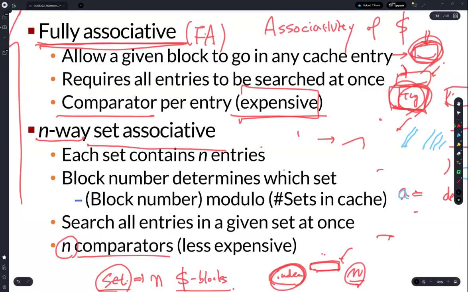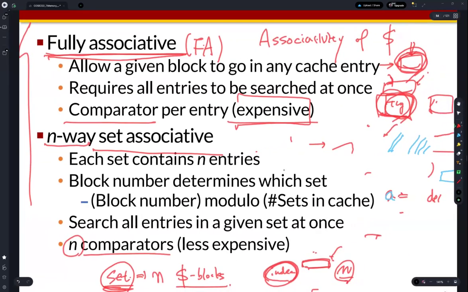Compared to this, the fully associative cache requires as many comparators as the number of cache blocks. But in an n-way set associative cache, we require only n comparators, so it's less expensive than the fully associative cache.